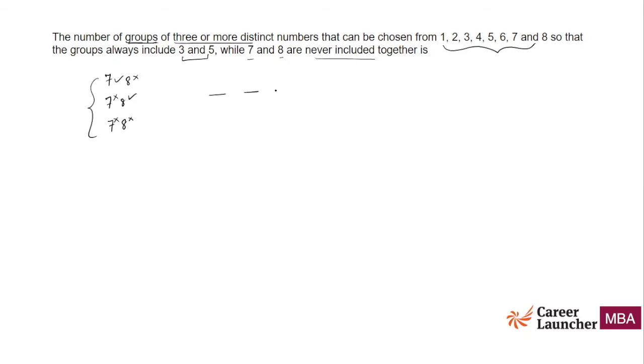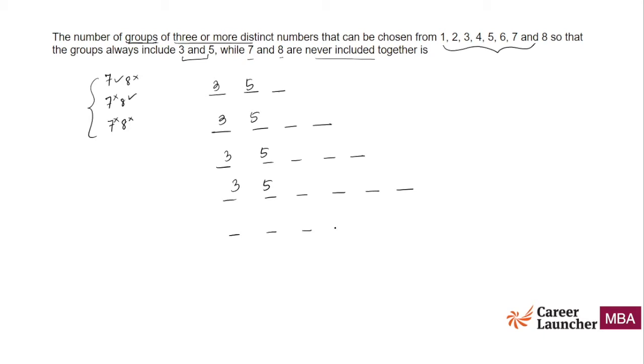Now, if we have three numbers in a group, 3 and 5 are definitely present, so the third number may be 7, maybe 8, or maybe neither of them. If you're talking about a 4-digit number, again, 3 and 5 are definitely present. If you're talking about a 5-digit number, 3 and 5 are definitely present. If you're talking about a 6-digit number, again, 3 and 5 are definitely present.